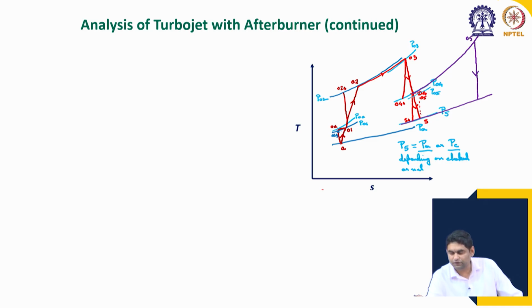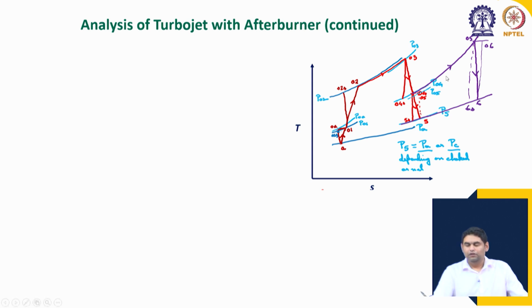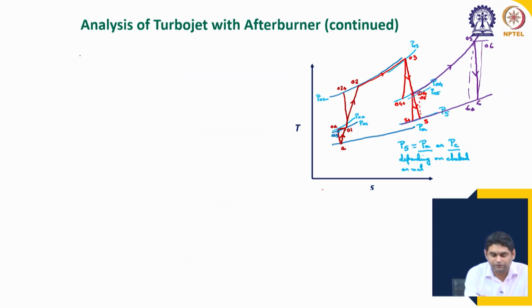This is 05, this is 6, this is 6s, this is 06. We have found the value of T6. Now, the next step is to find the value of T6s.